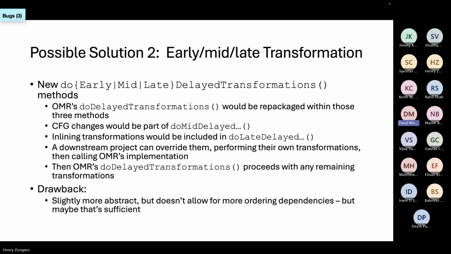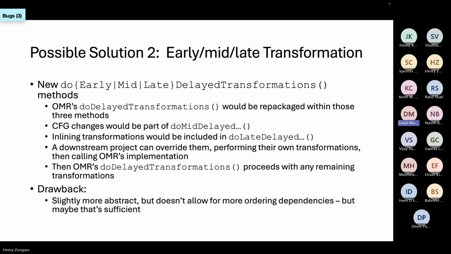The late transformations could be overridden by OpenJ9, and OpenJ9 would inject its inlining transformations there. Similarly, OMR's inlining transformations could happen there as well. And all the other transformations that OpenJ9 performs today could be lumped into the early category. OMR's could be lumped some into the early, some into the late as appropriate.